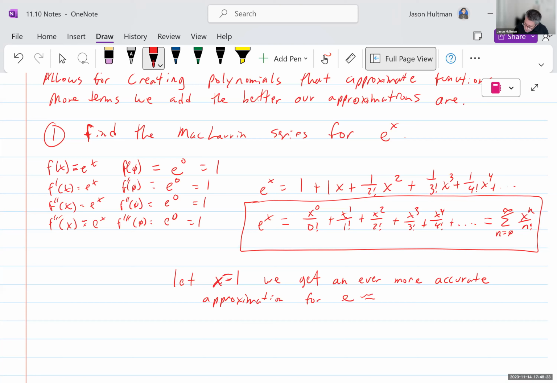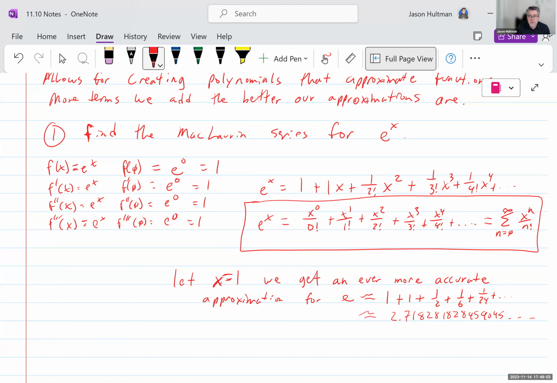So e would be approximately 1 plus 1 over 2 factorial, which is just 1/2, plus 1 over 3 factorial, which is 1/6, plus 1 over 4 factorial, which is 1 over 24, plus, you just keep going forever, and that will approximate 2.718281828 45 90 45, forever.